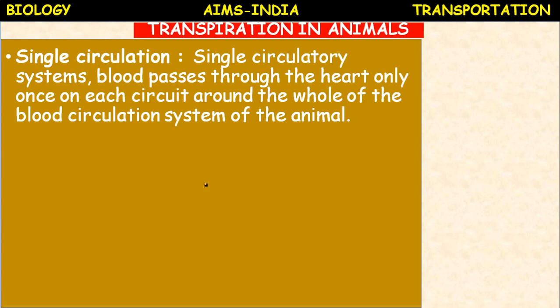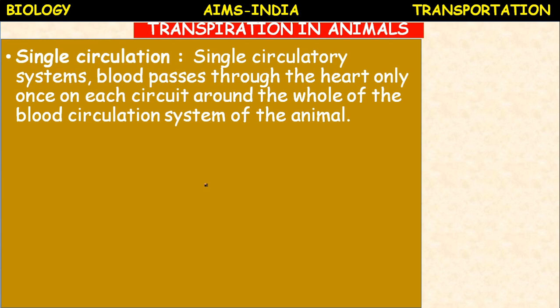That circulatory system includes blood vessels, heart, and blood. There are two types of transport system observed in the animals. That is single circulation, single system of circulation, and double system of circulation.